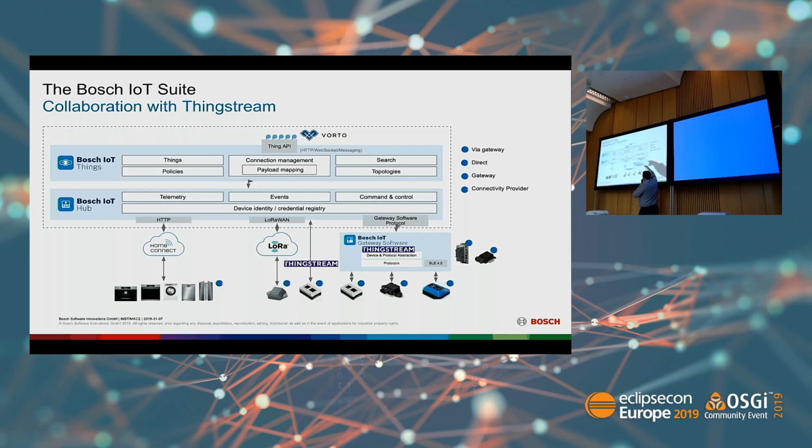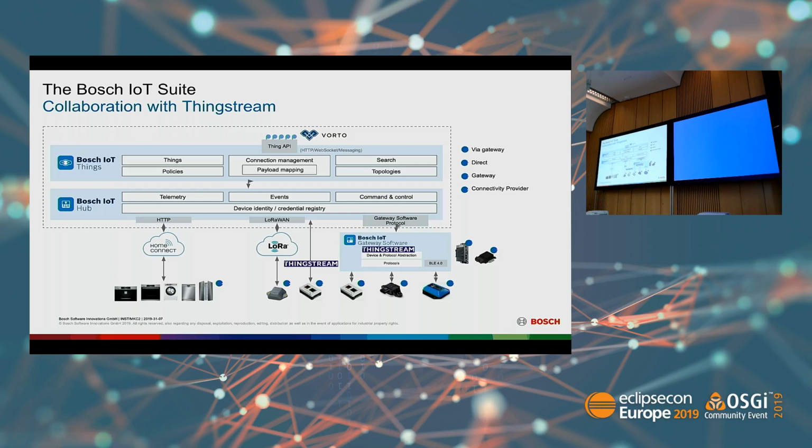And basically what happens here is that we send messages into the ThingStream enterprise platform, and we receive MQTT messages either in our remote manager or in the Bosch IoT Suite, which is a couple of microservices.